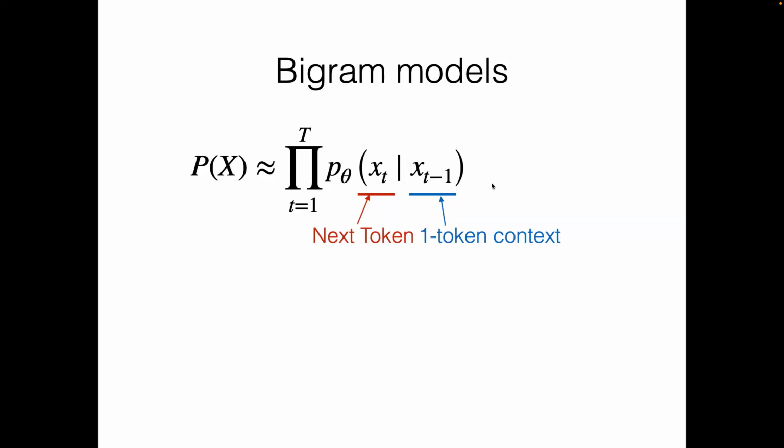Let's say you have a sentence, the dog ran quickly. It's a pretty simple sentence, so maybe not the best example, but this assumption is saying that the word ran, for instance, would only depend on the word dog and not the word the.